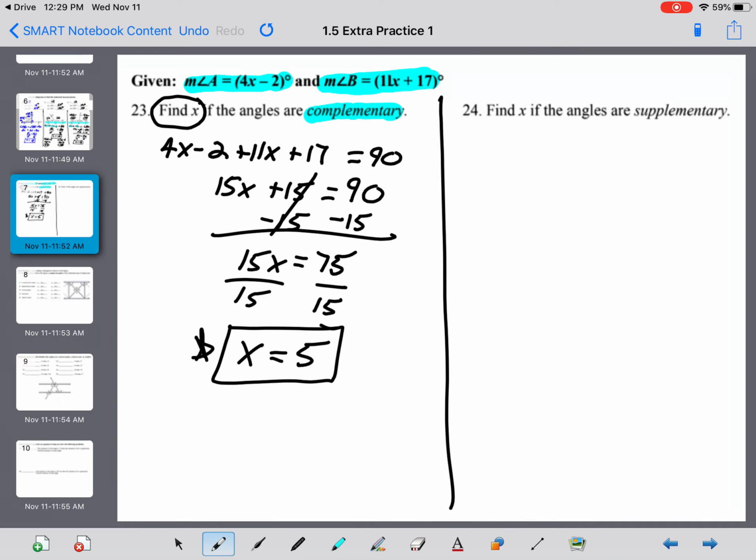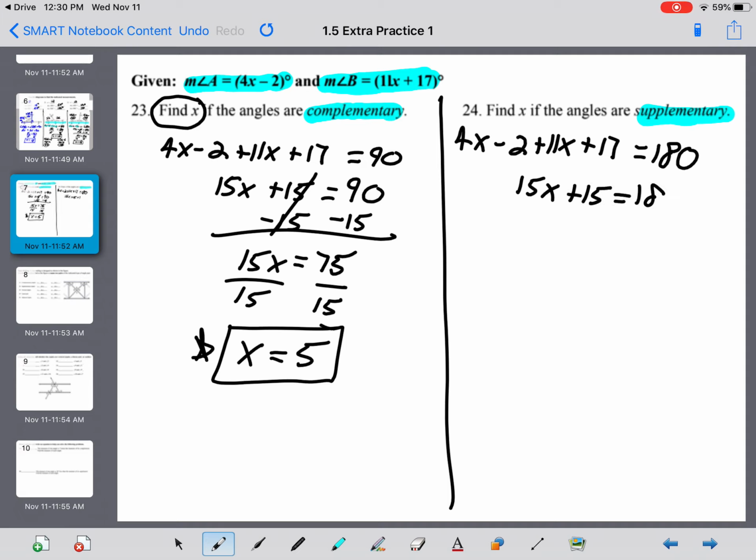X equals 5. The same exact scenario, except they're supplementary, which means they're going to equal 180 this time. So again, we have 4x minus 2 plus 11x plus 17, and when we combine our like terms, this is going to be 15x plus 15 equals 180.